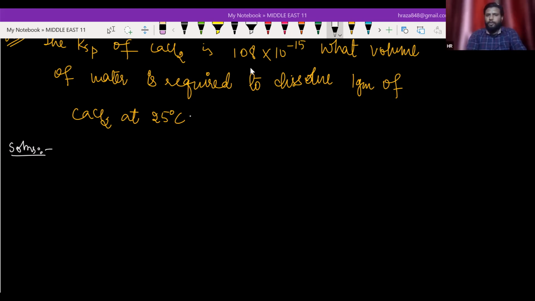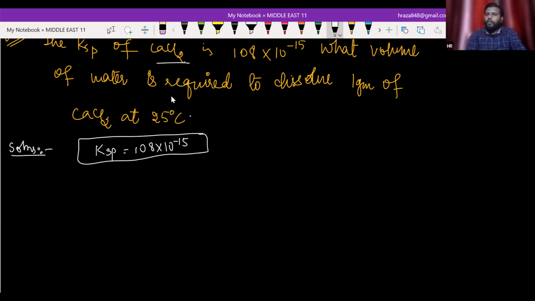See, I'm going to solve it. KSP of CaCl2 is given. Now you can see KSP is here as 108 into 10 raised to the power minus 15. Basically, we need to calculate the volume of water needed to dissolve 1 gram of CaCl2.